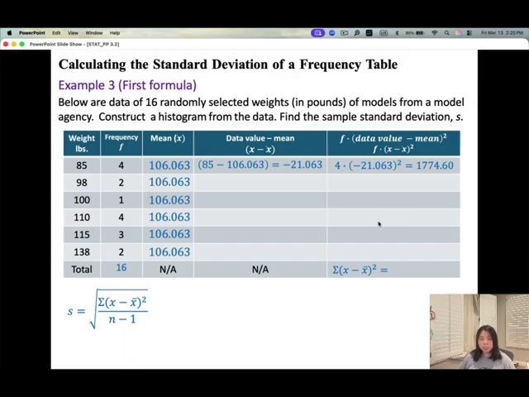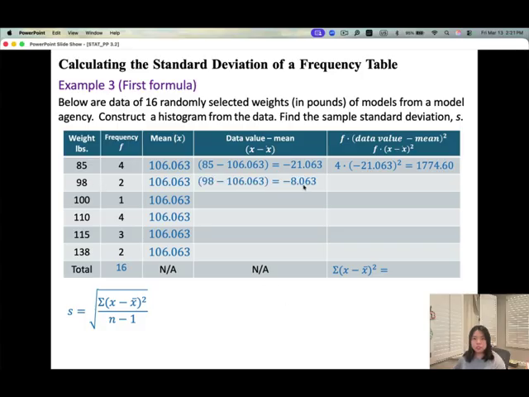I want you to try using your calculator to fill in this table first. And then at the end, add it all up here to see what you get for the total. Okay, check your work.